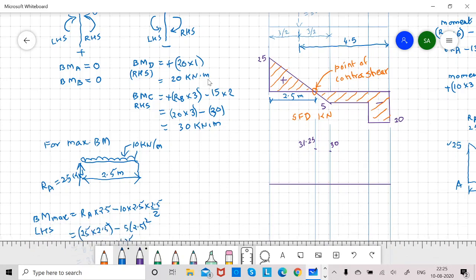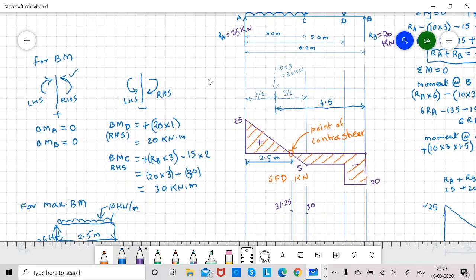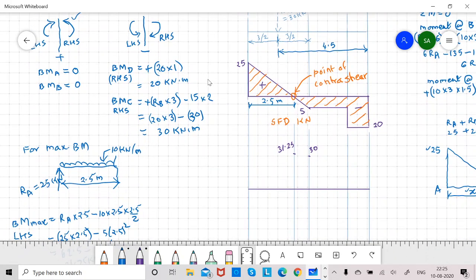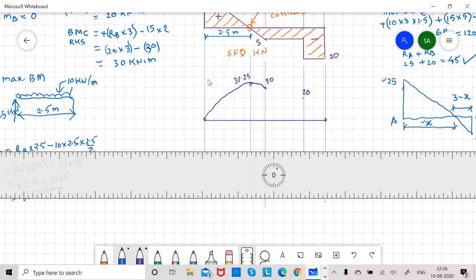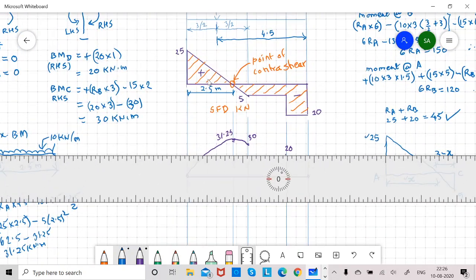Then bending moment at D is 20. Here it is 0. So join these points by a curve where there is UDL, and where there is only point load, join with a straight line.